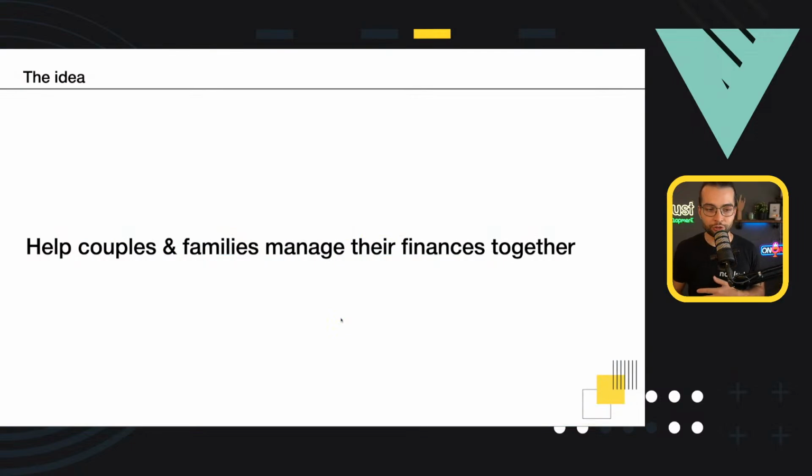Anyway, back to our summer startup. What have we managed to do so far? First of all, the application that I am building personally for this challenge is going to be a financial application targeted to couples and families. And the idea is to help them manage better their financial goals, their finances in general, as a couple, as a group together.